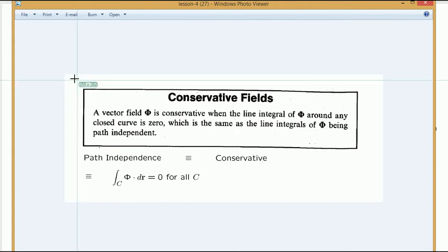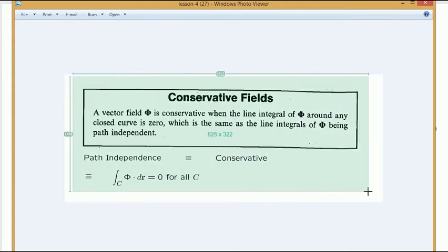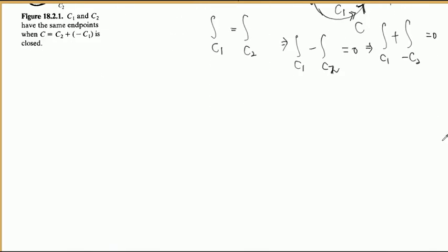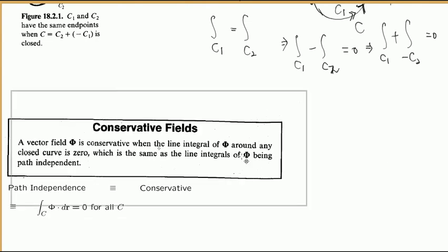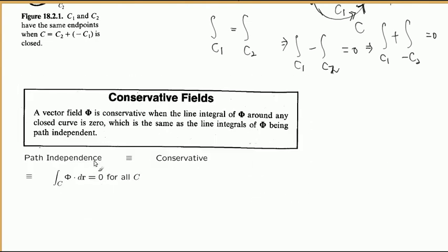So they summarize it like this, and I also summarize it with more of the notation. Path independence, they just named it differently, conservative, and we just explained that the line integral over all closed curves C is always 0, not just 1 or 2. Everything you try, you will end up at 0 in there.